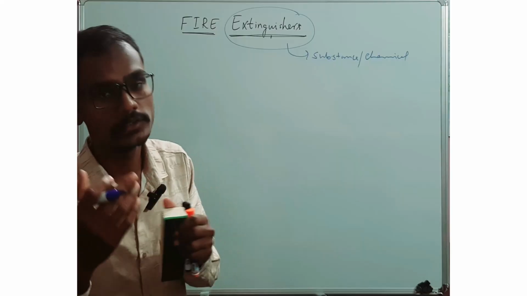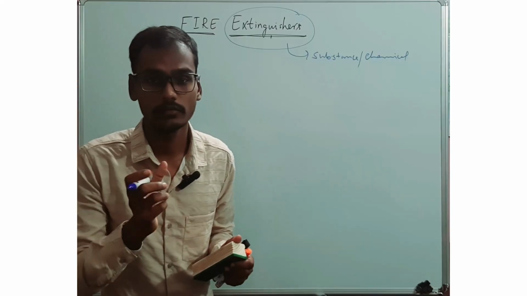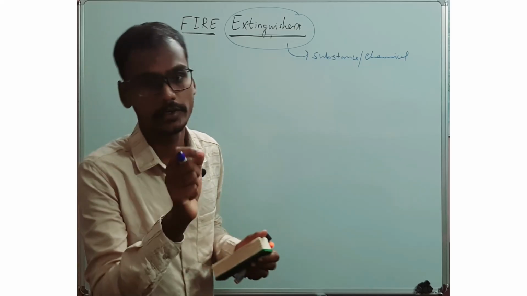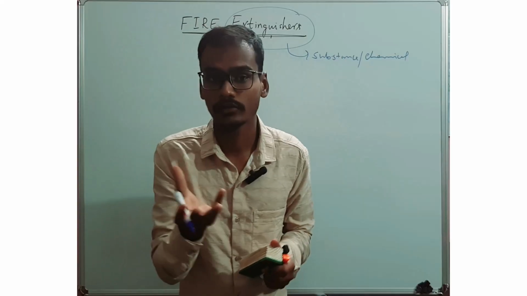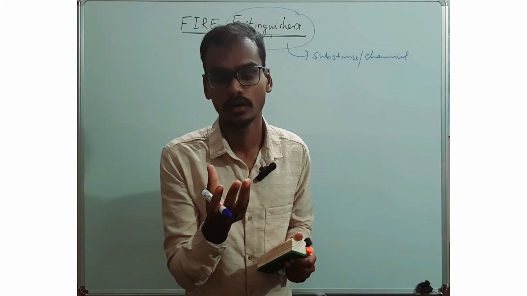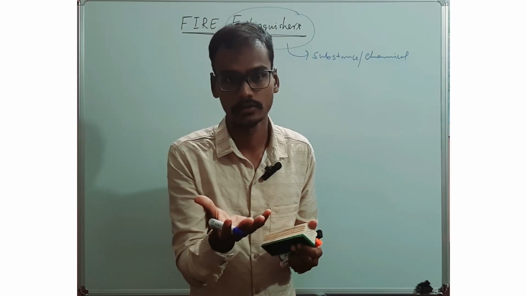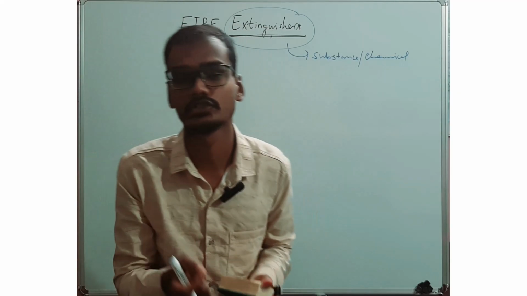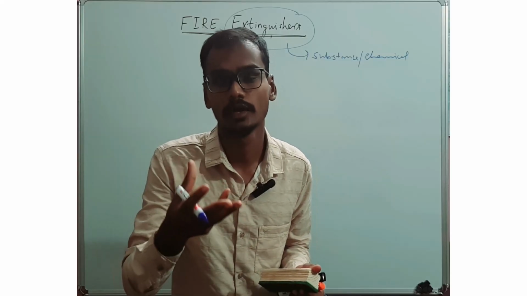Before explaining that, we should understand why the fire comes. There are essential components we need to have a fire. It doesn't come out of thin air, right? I can't get a fire now. It needs some particular components and conditions to come out as a fire.